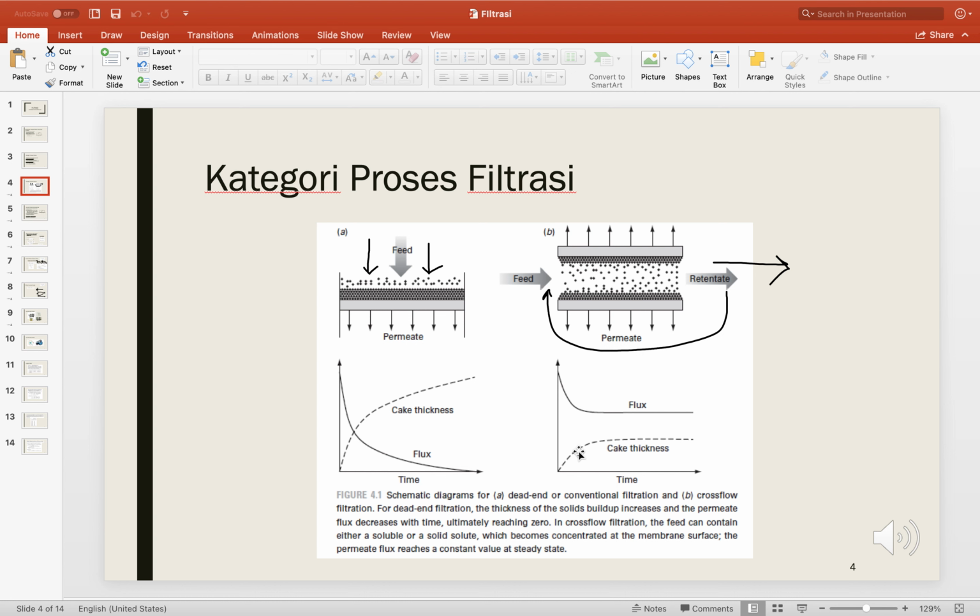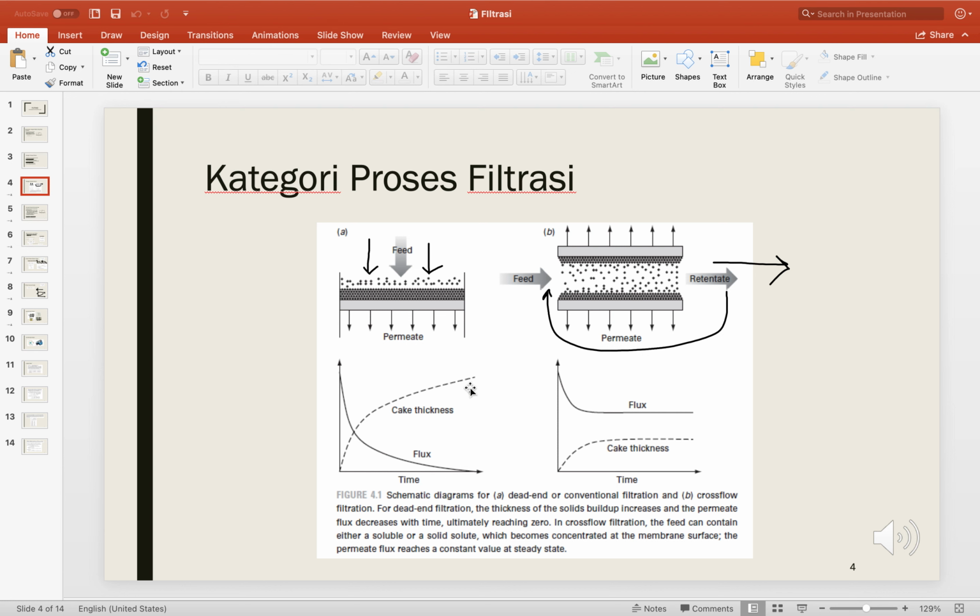That means after a certain cake thickness, the thickness will not increase further. Why? Because you have tangential flow here. When you have tangential flow, the cake on the filter can be removed by the flow itself. So over time you will notice that the cake thickness is stable or constant.